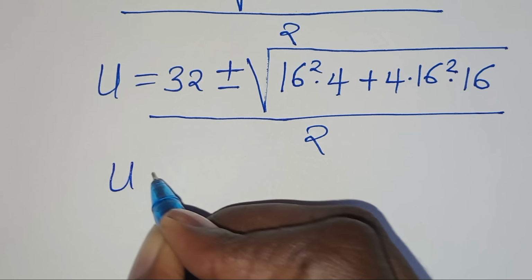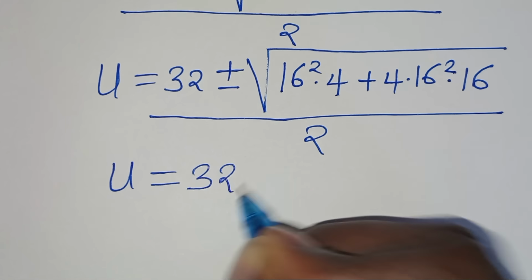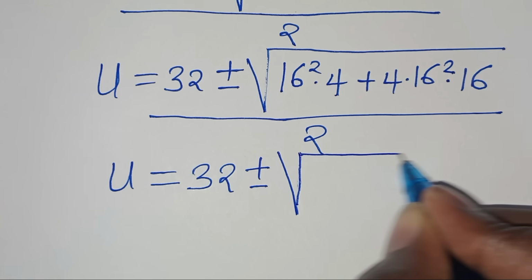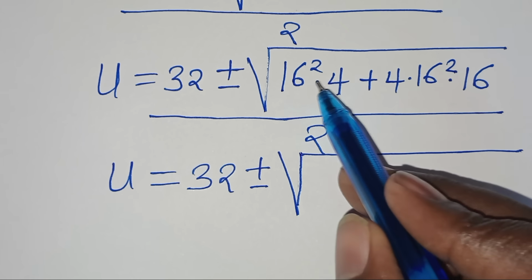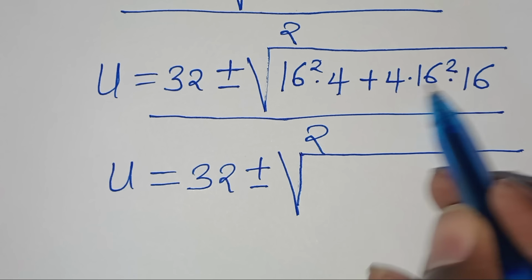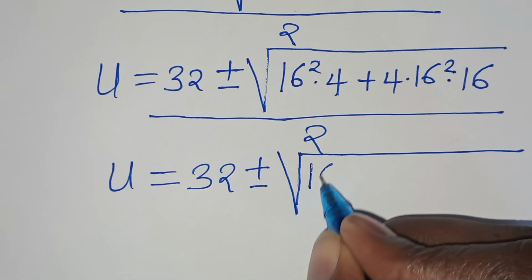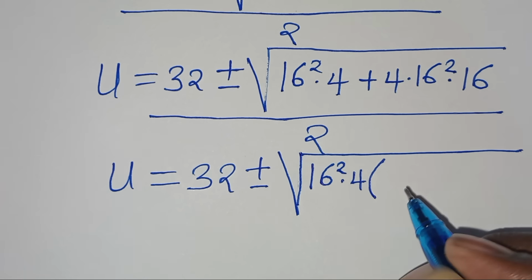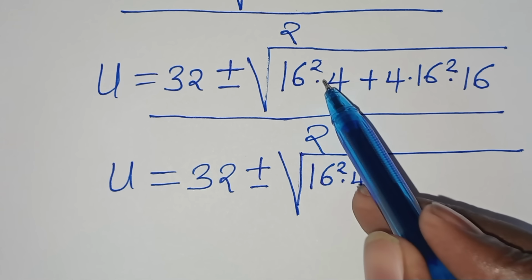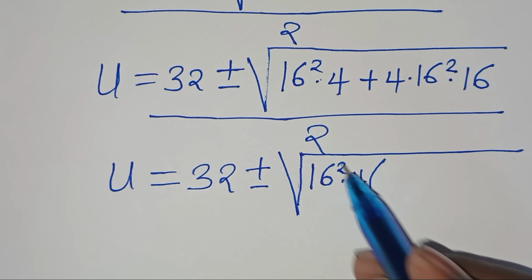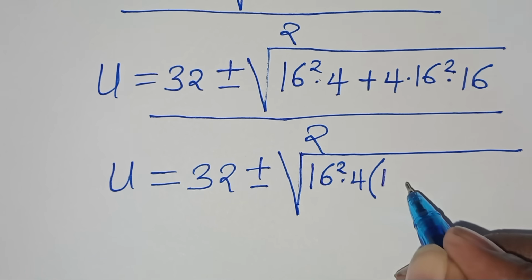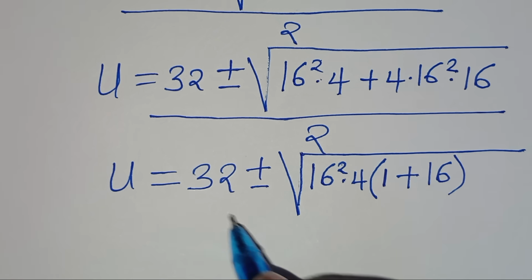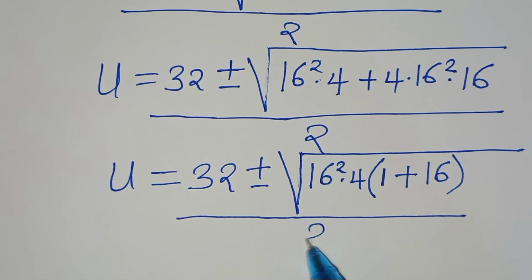So we have u is equal to 32 plus or minus the square root of 16 squared times 4, which is common here. So let's factor out 16 squared multiplied by 4. Then 16 squared times 4 divided by 16 squared times 4 is 1, plus 16, close the parentheses, then this is divided by 2.